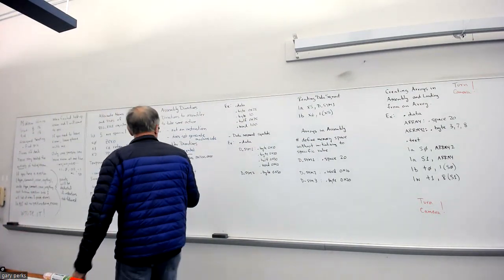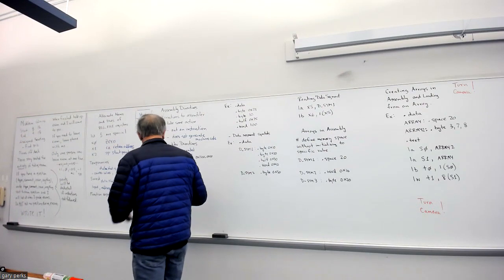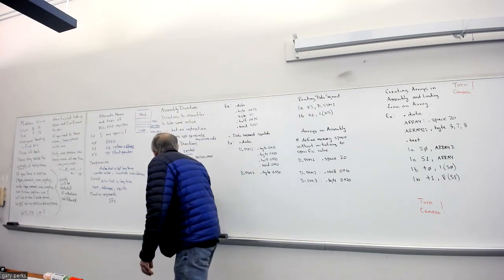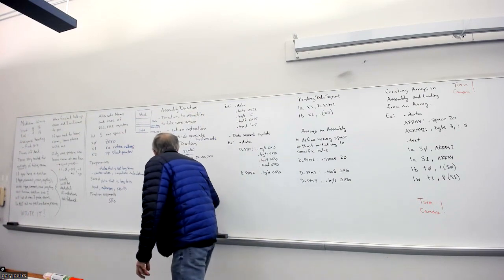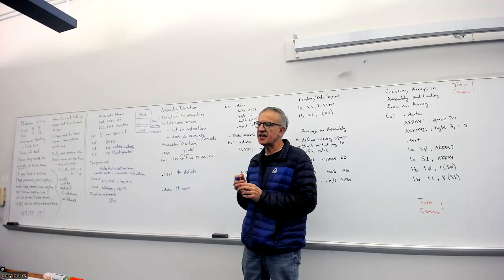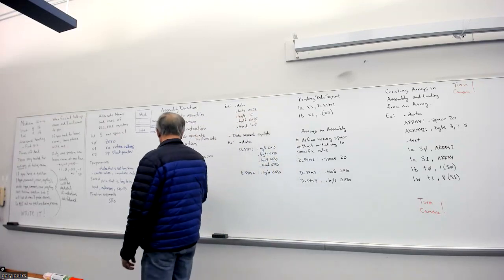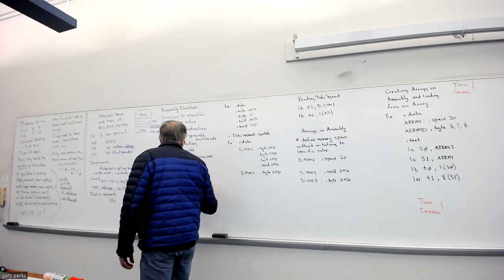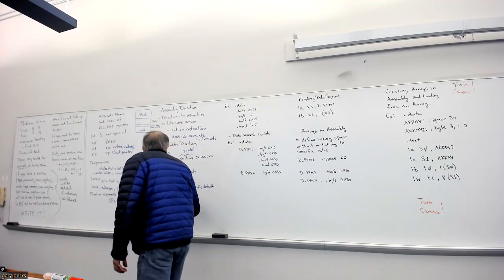The default is that it will take the data as a word, but you can specify something else. If you wanted to take data as either a byte or a half word, you can specify. Word is the default.